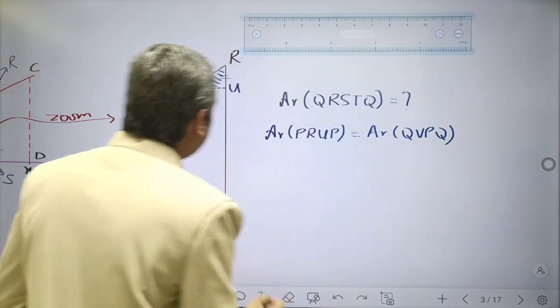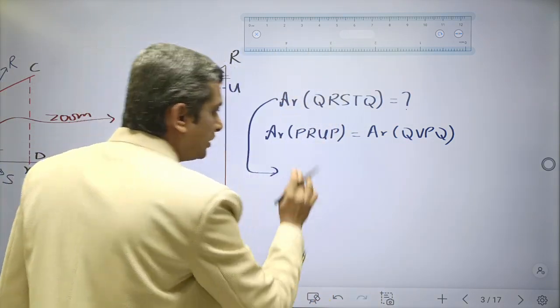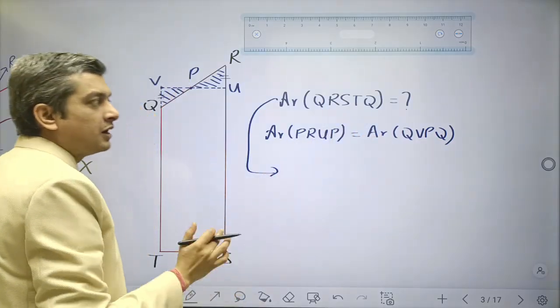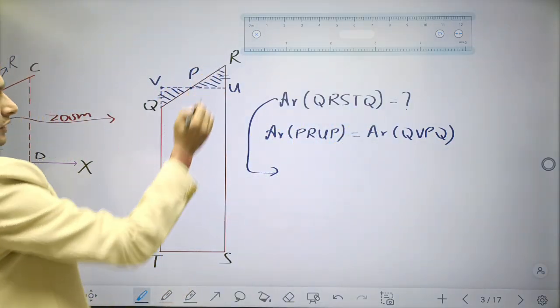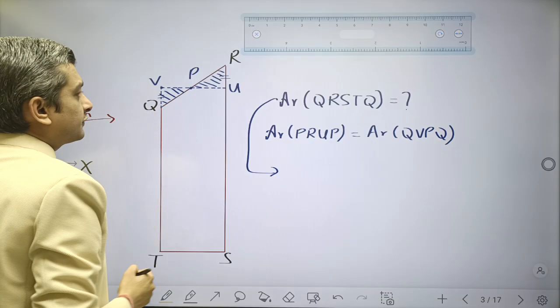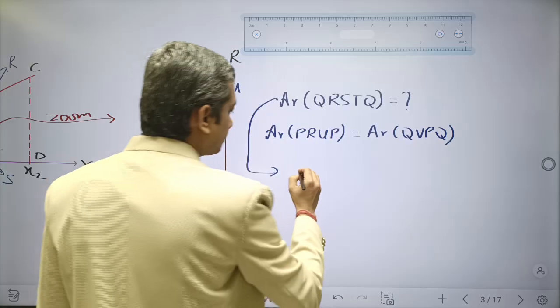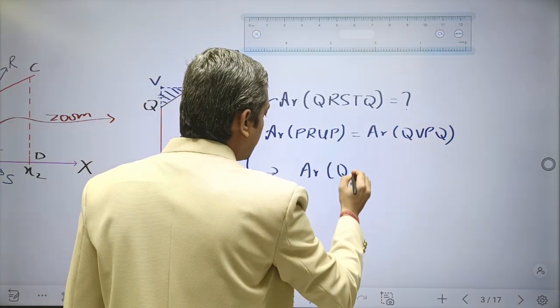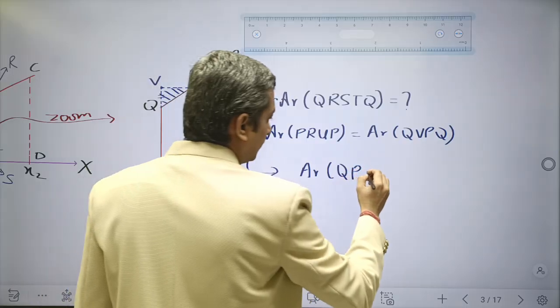Now are you getting? These two areas are equal. So keep in mind this equation. Now I am writing the area QRSTQ, isn't it? Area QRSTQ can be written as area QPUST.